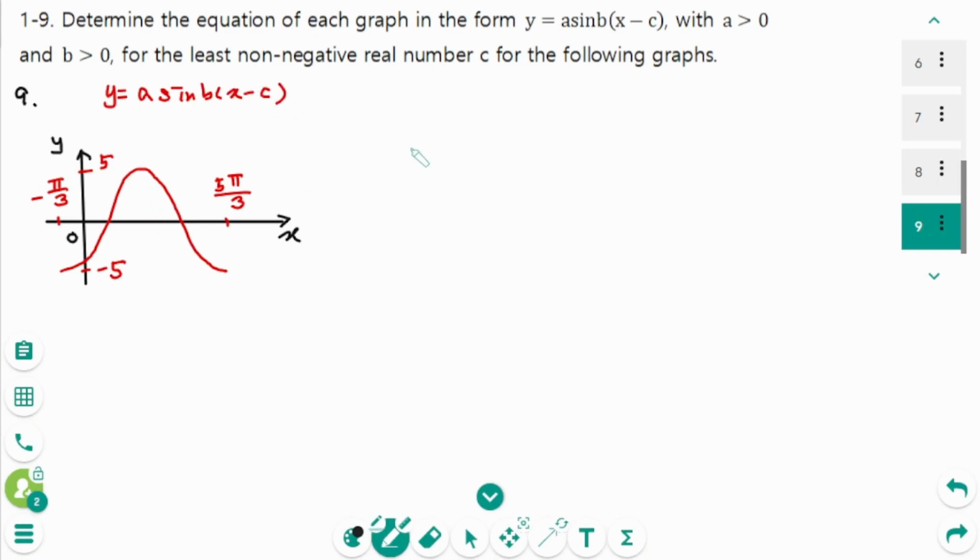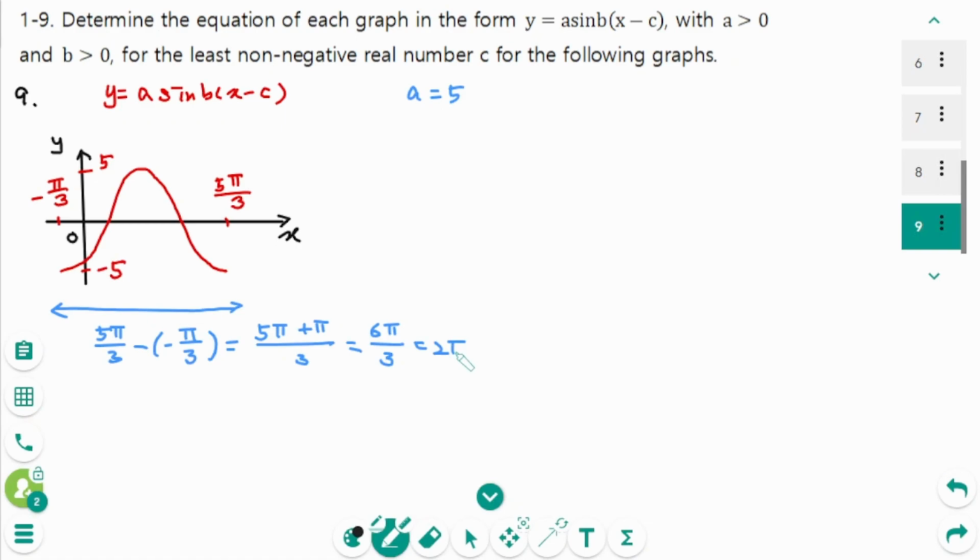Amplitude is 5, so a equals 5. The period is this one, 5 pi over 3, minus this one, minus pi over 3, then 5 pi plus pi over 3, then 6 pi over 3, which is 2 pi.